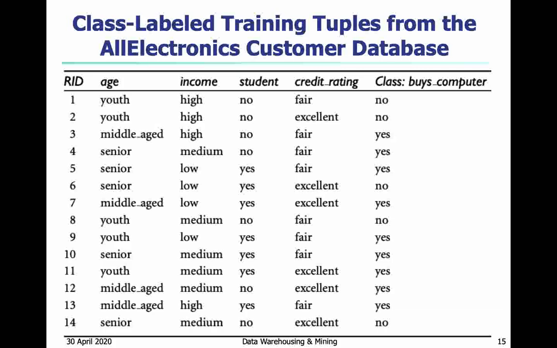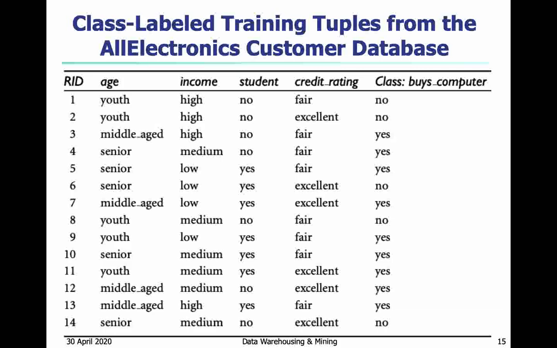Suppose the data tuples are described by the attributes age and income, and X is a middle-aged customer with a medium income, suppose 40,000 per month.